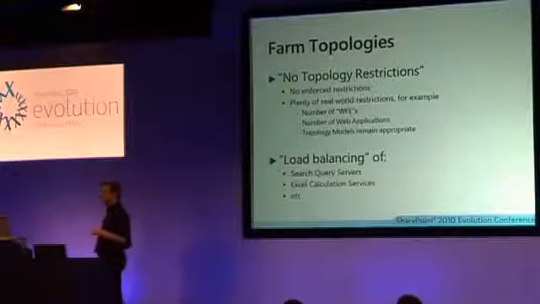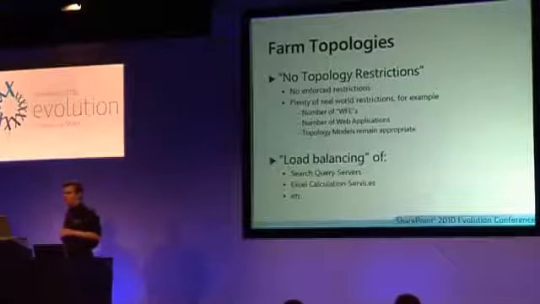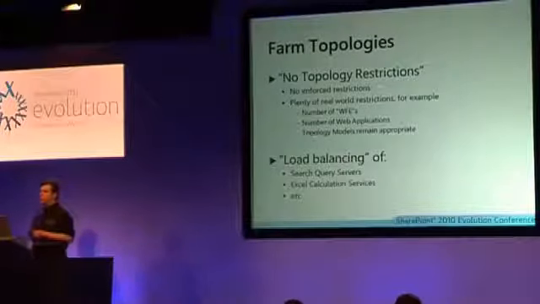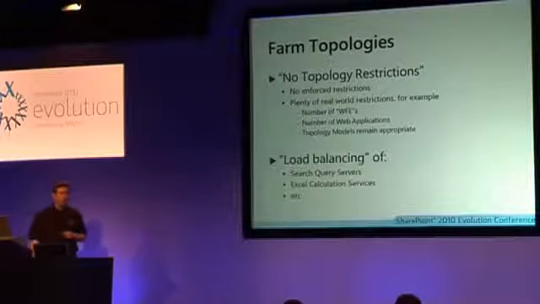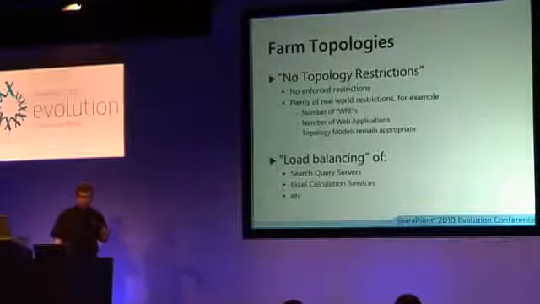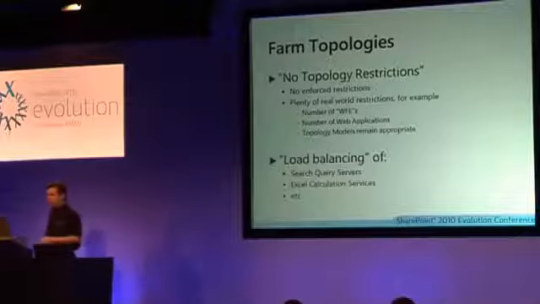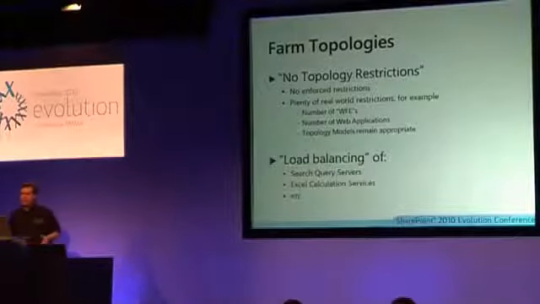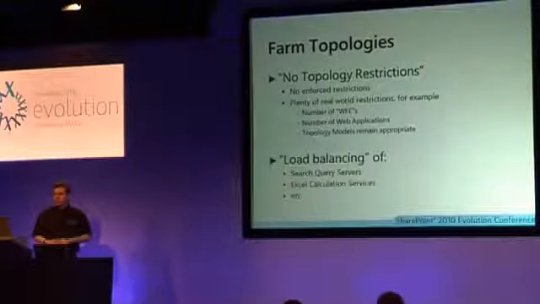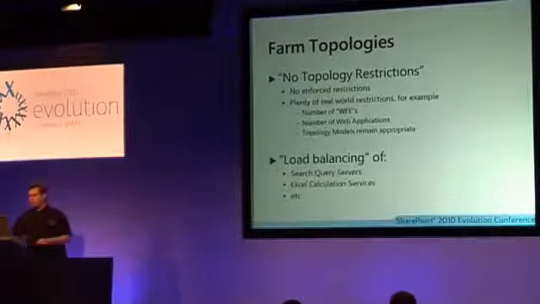By default, Excel Services is going to do it based on the URL of the workbook that's being accessed. So the implementer of the service decides how to do load balancing. It's a horrible term, but there isn't really a better term for it because it's really a proxy that's doing this work.